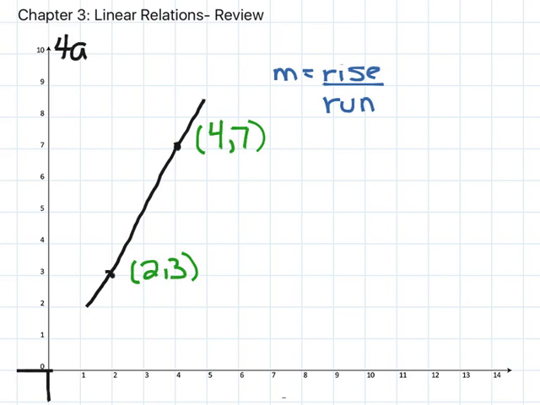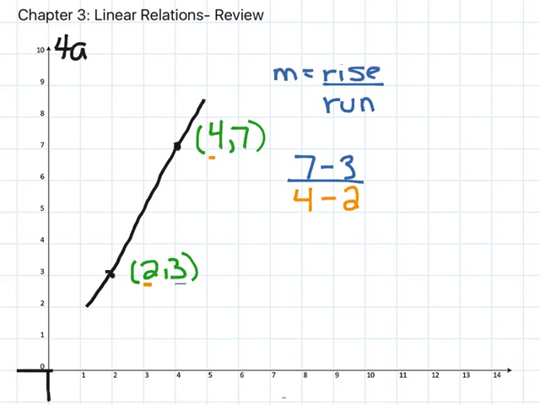Our rise is the y-axis, and the run is the x-axis. I'm going to take my first point, and for the rise, we've gone from 3 up to 7, so you're going to subtract them: 7 minus 3. For the run, we've gone from 2 over to 4, so 4 minus 2.